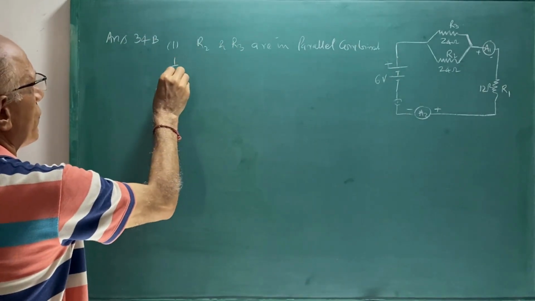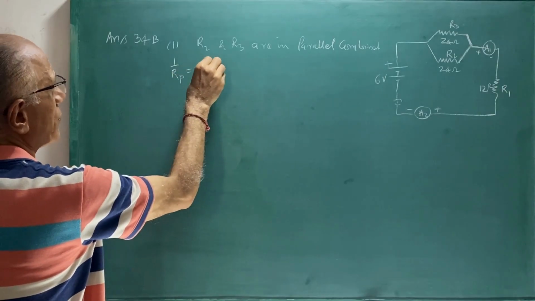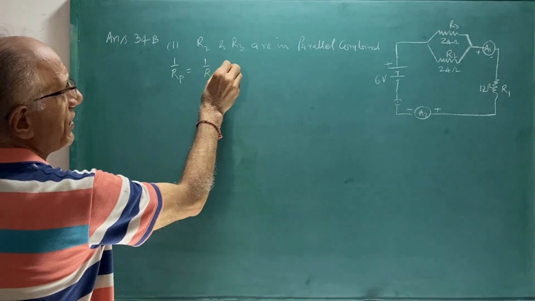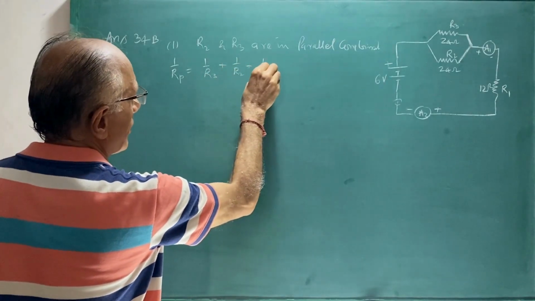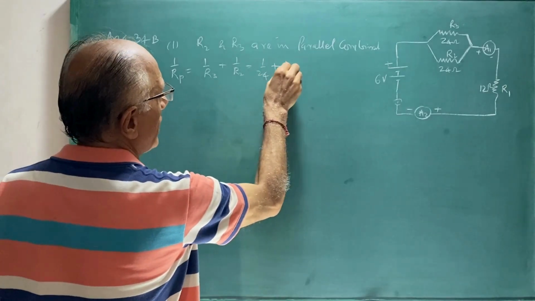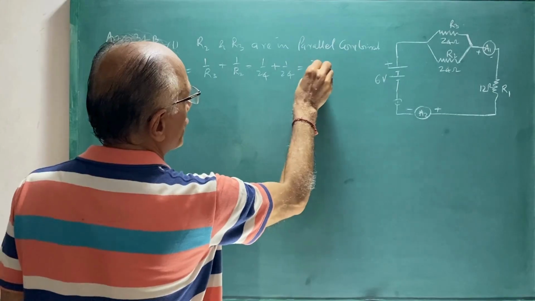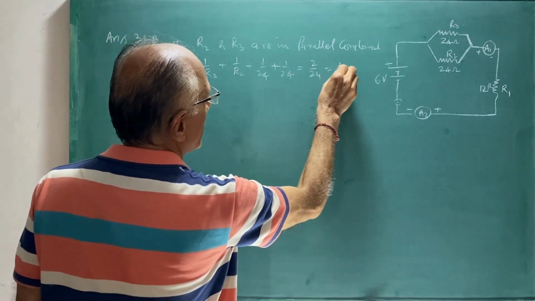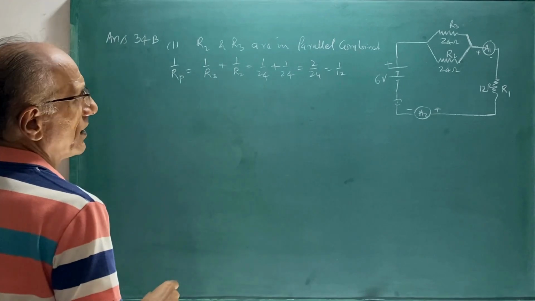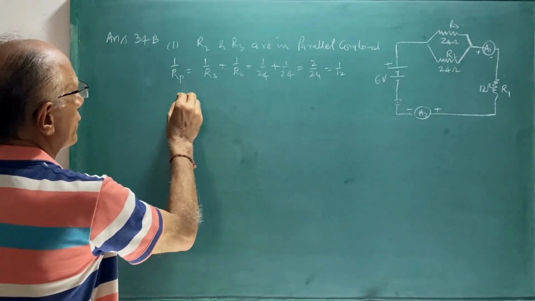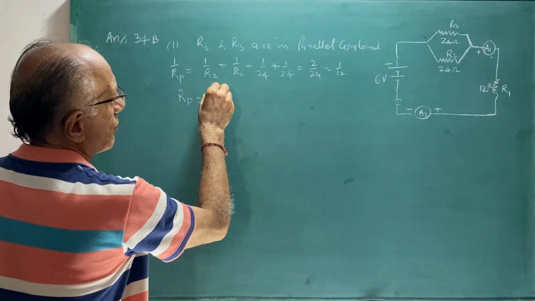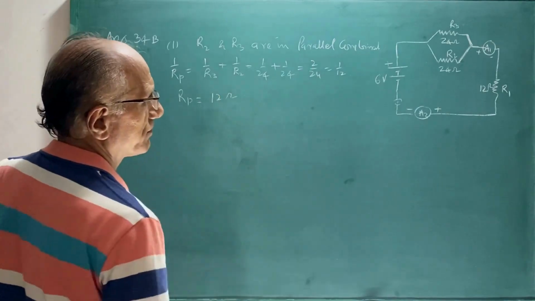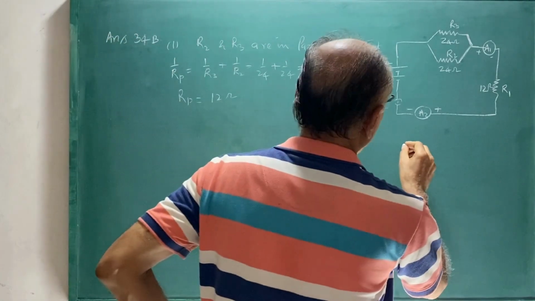Therefore, 1 by Rp is equal to 1 by R3 plus 1 by R2, that is 1 by 24 plus 1 by 24, that is 2 by 24, that is 1 by 12. And so Rp equals 12 ohm.